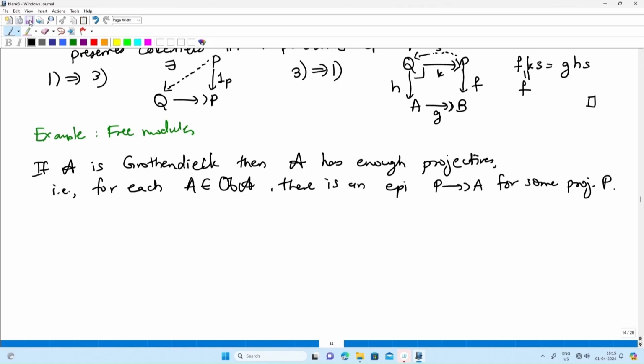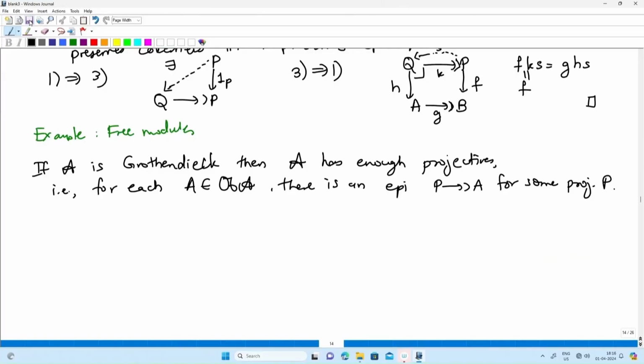You take a set of generators and then take the quotient. And if you take a set of generators, then basically you are going to take a direct sum of so many copies of the ring. And because we have seen that every Grothendieck category is a localization of a module category, you can have the same property here. The images of free modules under the localization will work. So this is what we want, that it has enough projectives.